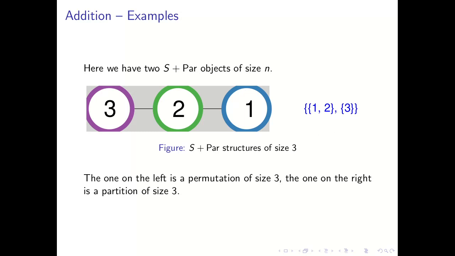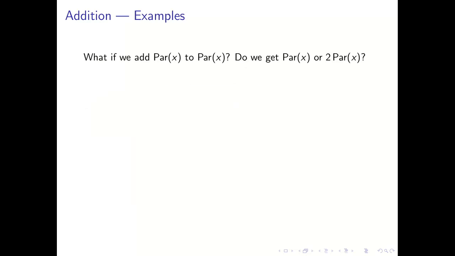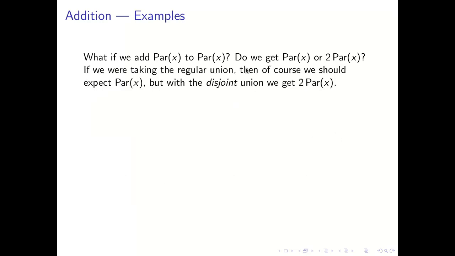But you might be concerned because, well, what if I wanted to add par to par? Do we get par x or do we get 2 par of x? Because if we take the union, we would get the first one. But in this case, because we're taking the disjoint union, we kind of remember whether the partition comes from the first set of partitions or the second set of partitions.